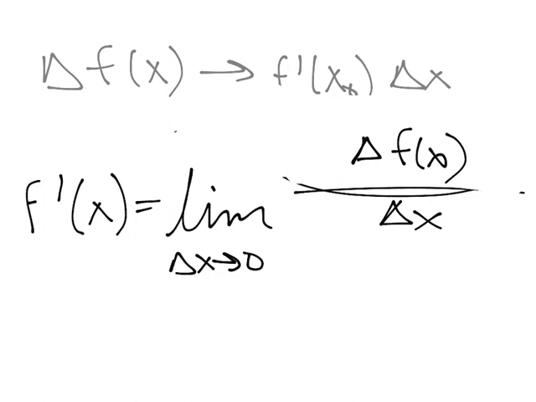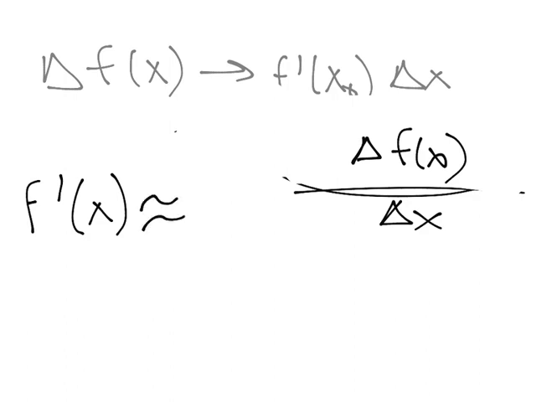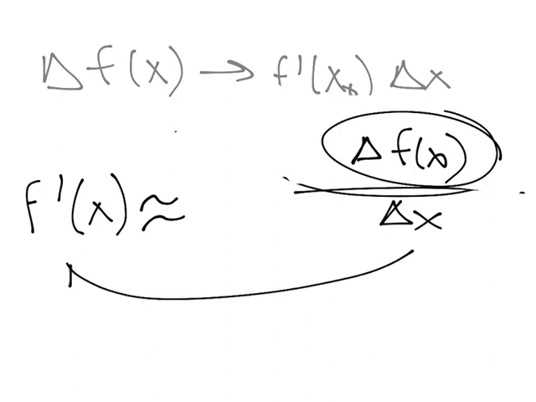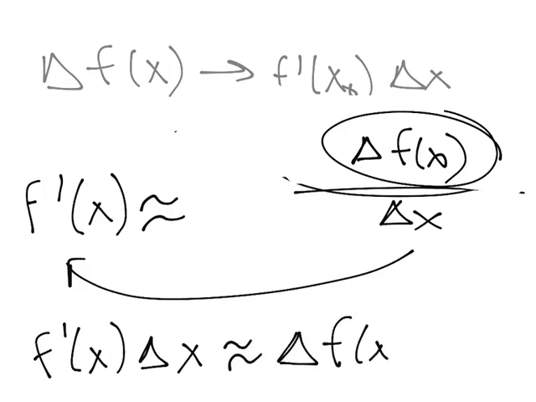And so by having the requirement that we mentioned in the previous video that delta x is very small, very close to 0, we can get rid of the limit, and here we just put the approximation sign. And so to get delta f of x on one side, we multiply both sides by delta x, and we get f prime of x times delta x is approximately equal to the change in f of x.